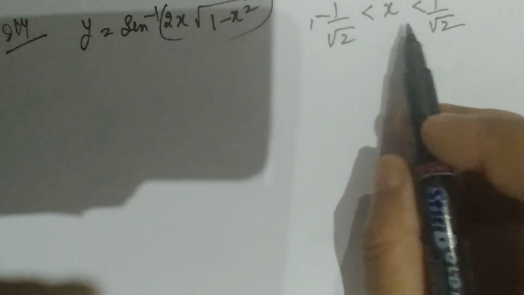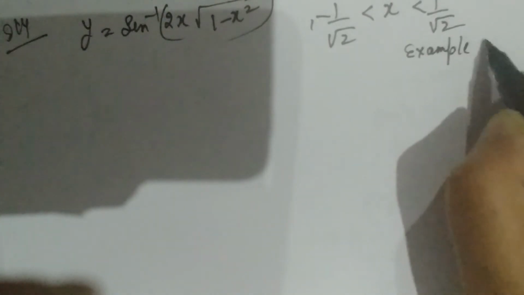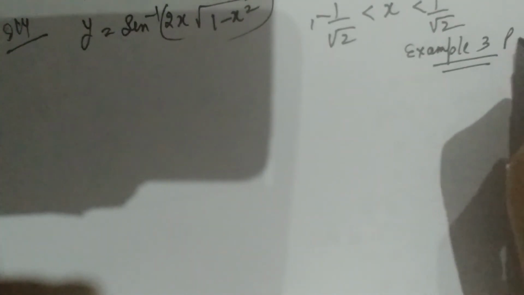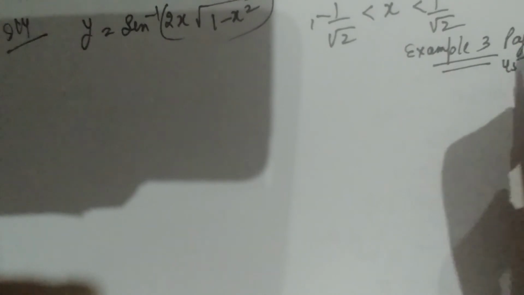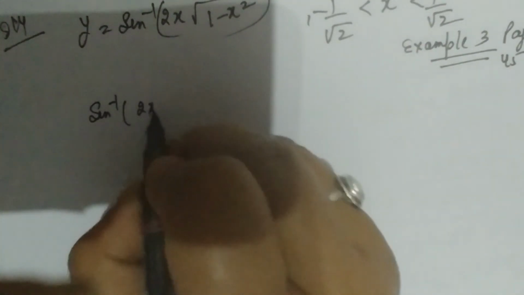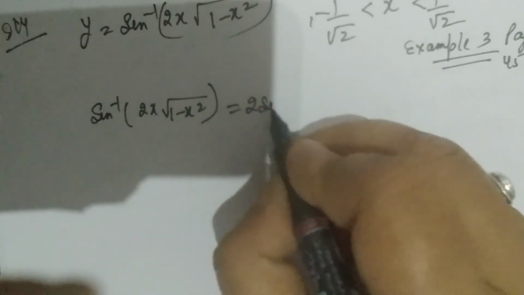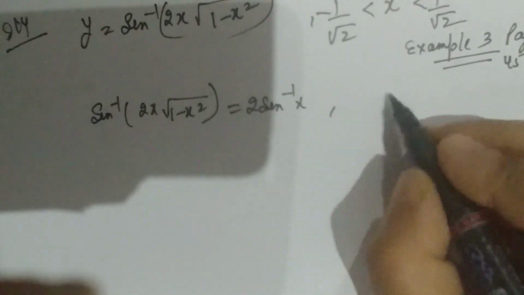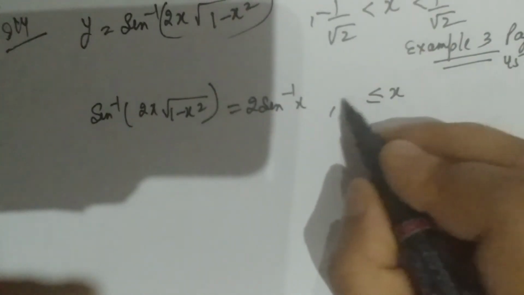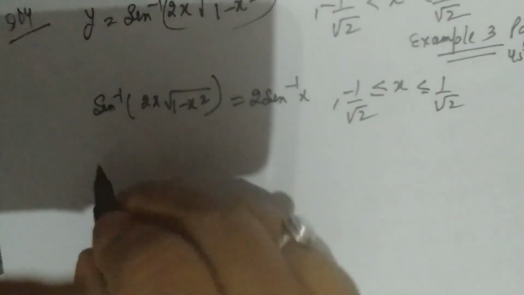For this, I would suggest you go to example number 3 at page number 45, in which we showed that sine inverse of 2x root 1 minus x square is equal to 2 sine inverse x for x lying between minus 1 by root 2 and 1 by root 2. This was the example.